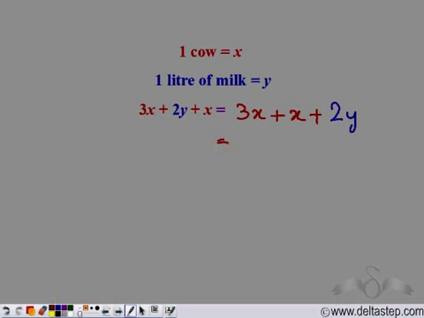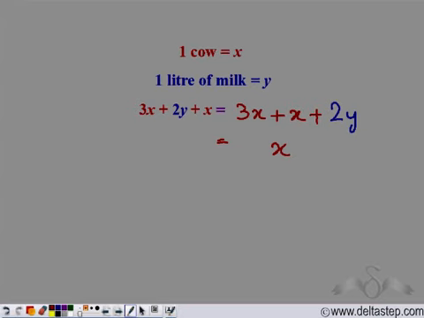Now when we add two like terms, their sum is a like term. So their sum is a like term with coefficient equal to the sum of the coefficients of individual terms. So when we have 3x and x and we add them, we get a term containing x.